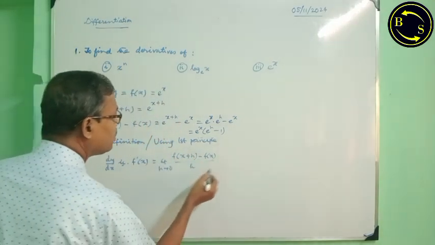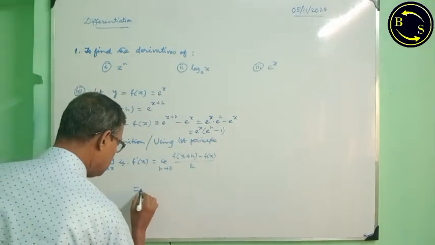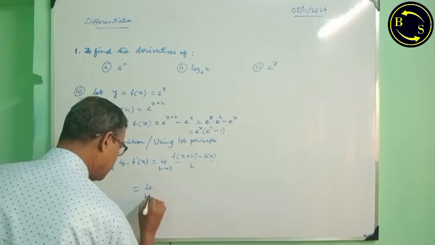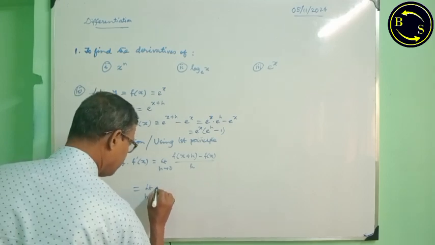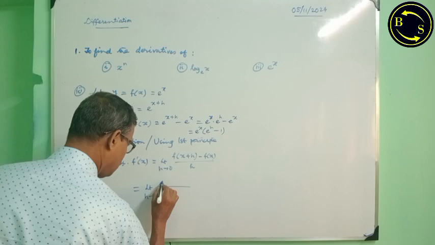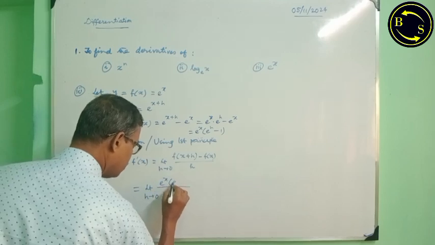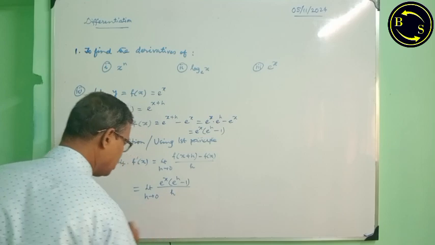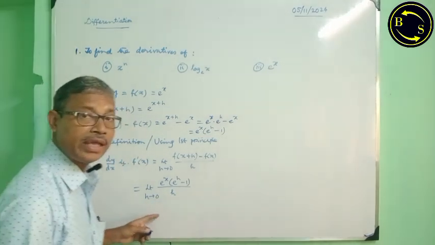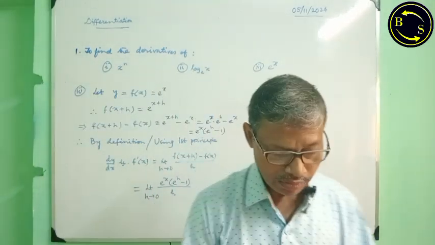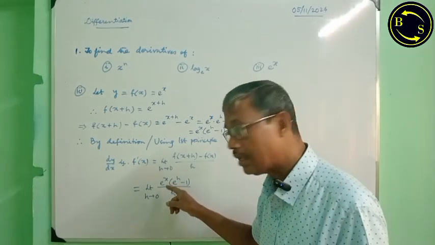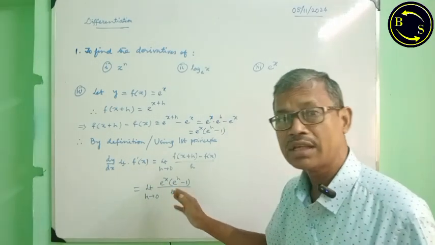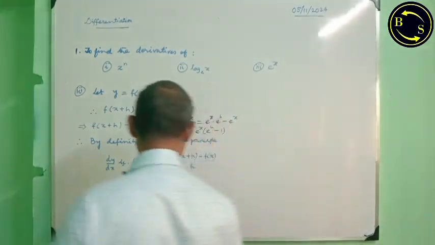Now I put here this value, limit h tends to 0 of e to the power x into e to the power h minus 1 divided by h. Now here h is the variable, therefore e to the power x is a constant that can be taken outside as per the law.